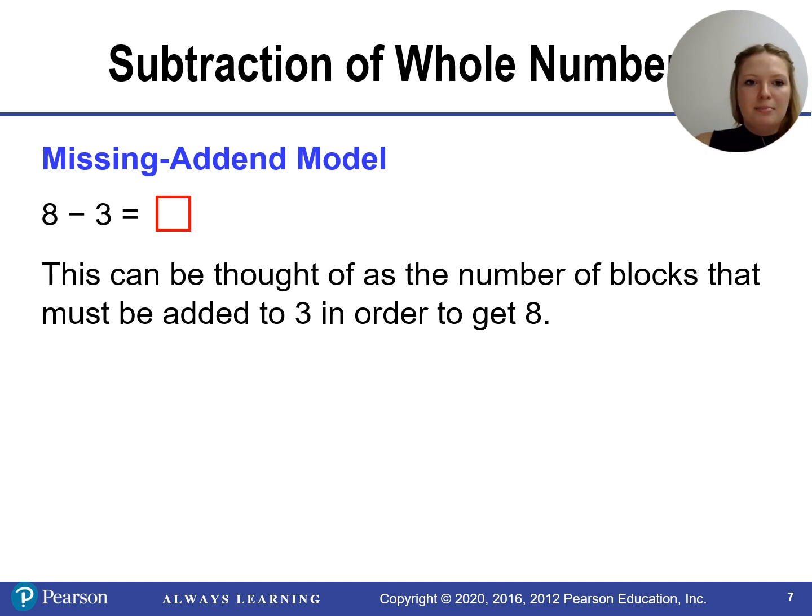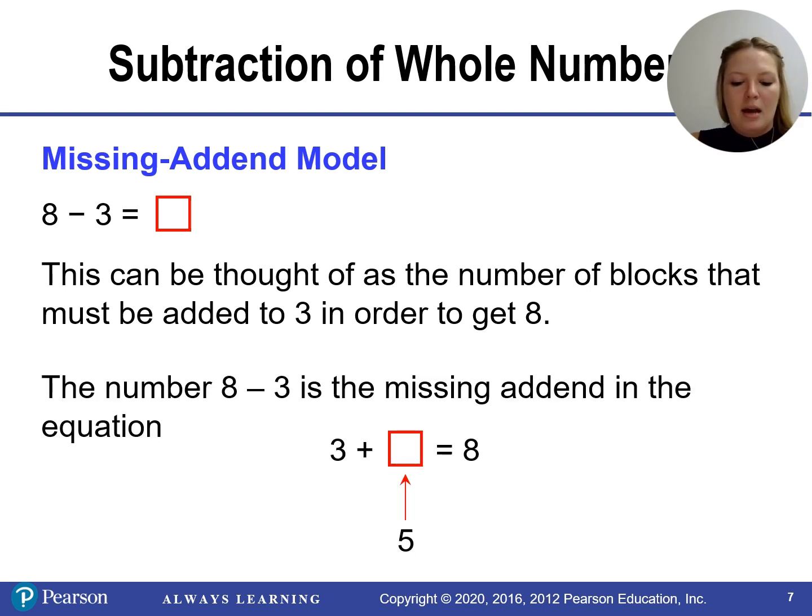The missing addend model could be the number of blocks that must be added to 3 in order to get 8. So if I have the subtraction problem 8 minus 3, I might think to myself, what plus 3 gives me 8? How many more do I need from 3 to get to 8?